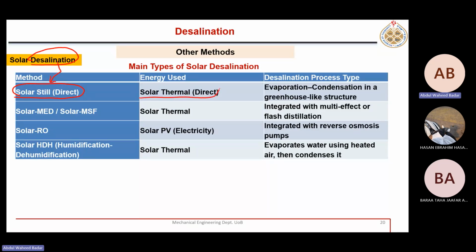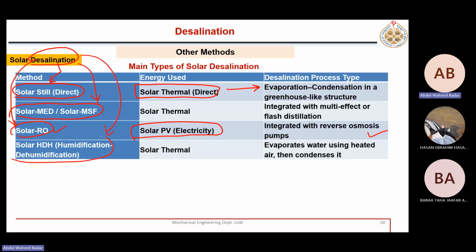Right, so this is what we saw in the previous slide, direct use of solar thermal energy to evaporate and condense. The second is direct use of solar energy to produce electrical energy, this one. And we can use solar-based RO systems where a solar PV cell is used to produce electrical energy, and that can be used in RO. And this one is indirect, this one or this one.